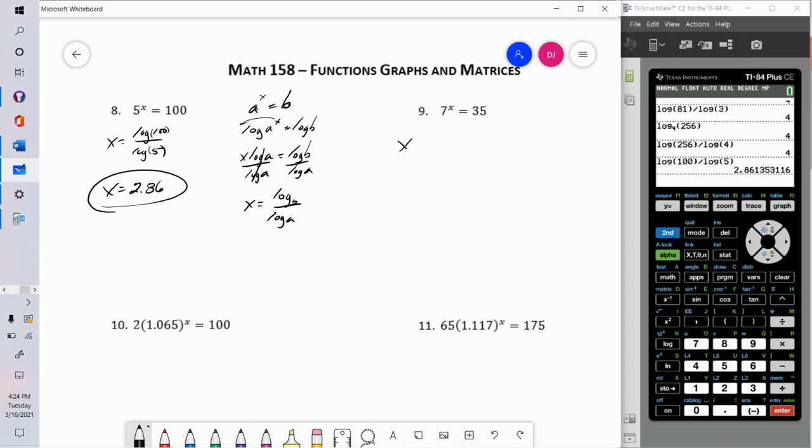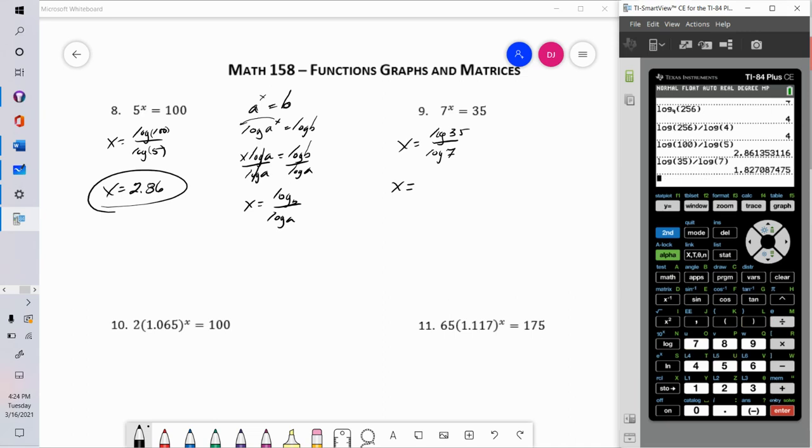So number 9, x will equal the log of 35 divided by the log of 7. So that will be the log of 35 divided by the log of 7. So x equals 1.83. Again, I'm going to go 2 decimal places. Okay.